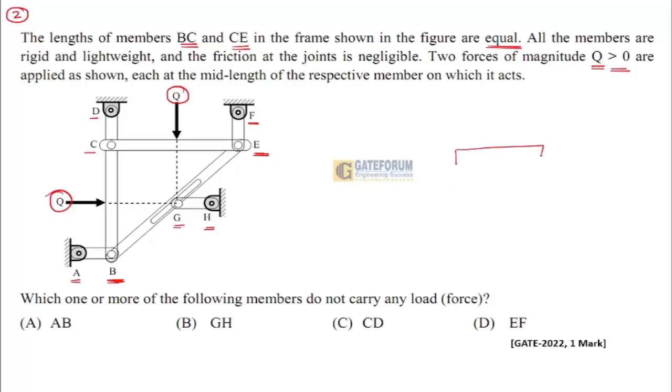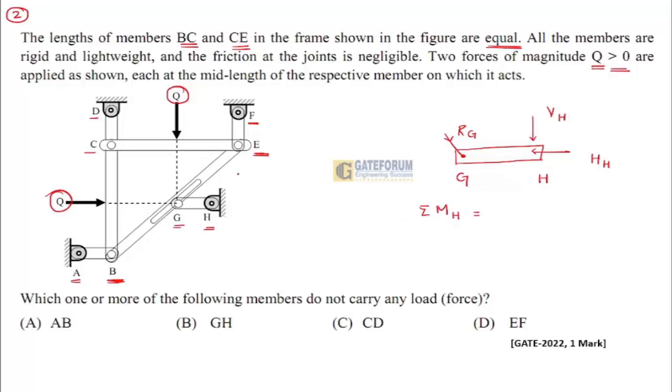Suppose I take an FBD of G and H. We have a reaction force at G, RG, and you have a horizontal and a vertical component at H, H suffix H, V suffix H. So when we take moment about the point H, what happens?